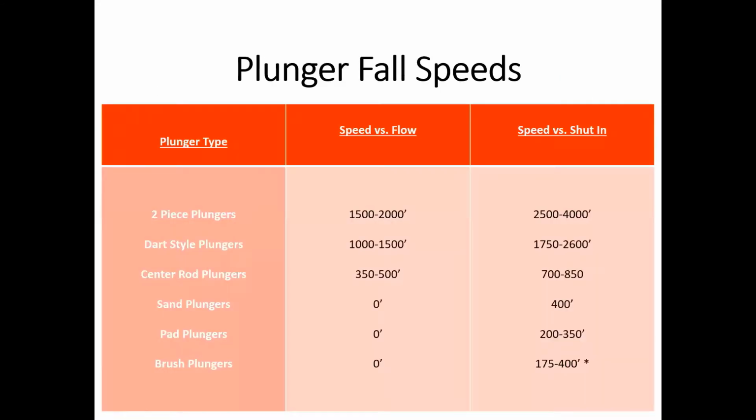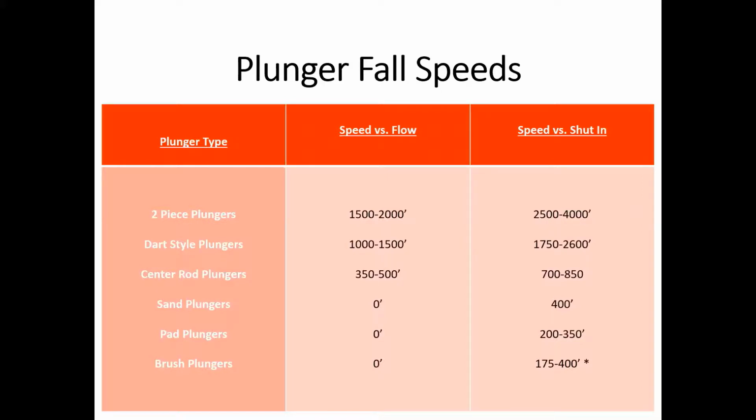So these are general fall speeds for different types of plungers. First, the fastest falling plunger is a two-piece plunger, which is a ball and sleeve. And like I said before, you can have different weights of balls and different lengths of sleeves that make them fall faster. The next step down will be the dart plunger, and then the center rod plunger for fall speeds. So what you can see here is the two-piece, the dart, and the center rod will fall against flow at different rates, and depending on their port sizes, they'll fall faster with larger port sizes.